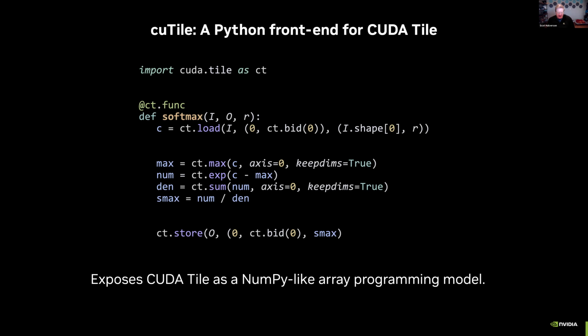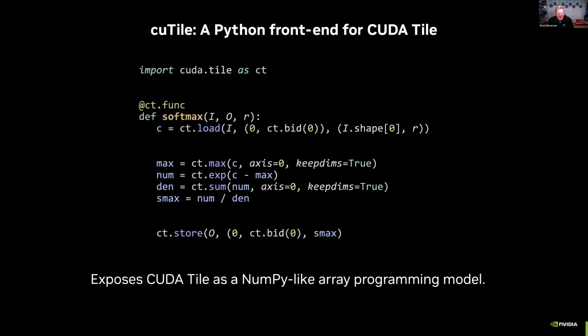There's a Python interface that is relatively simple to use, and that's what you're seeing here. That's implementing a softmax operation, but under the hood, this is being used with an assembler to generate CUDA, or I guess tile IR code that will run on the GPU.